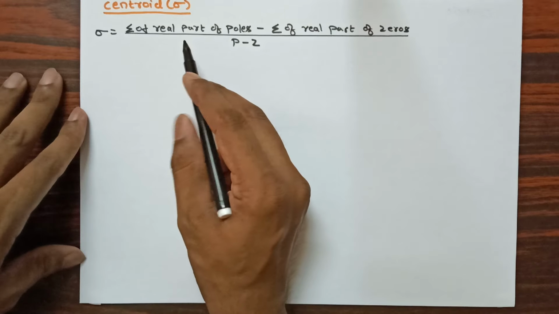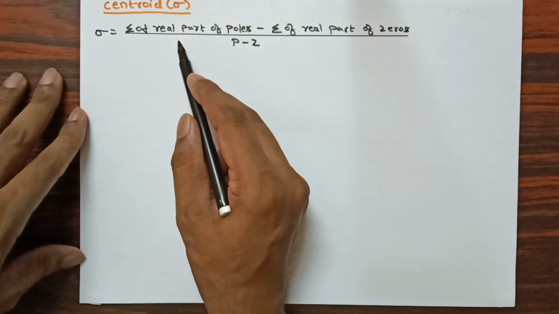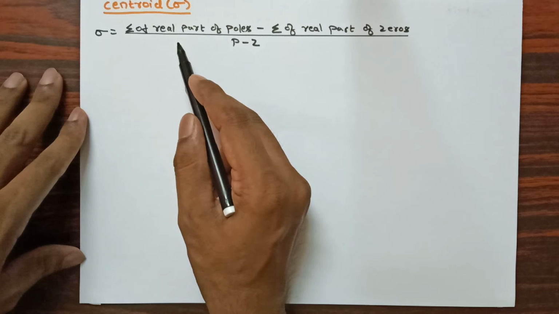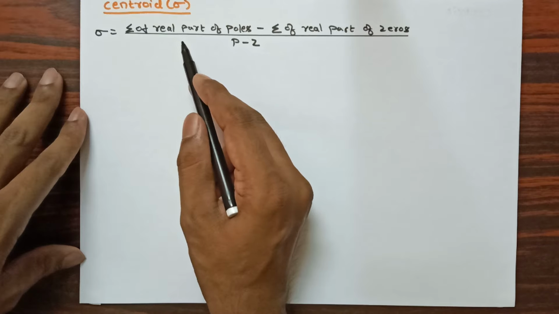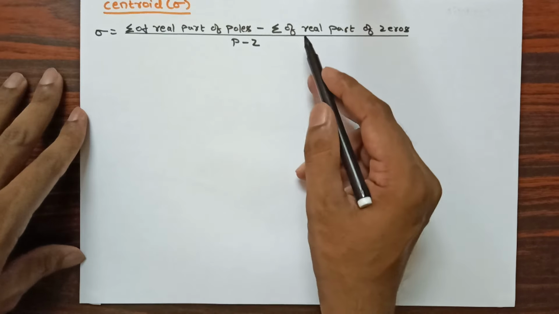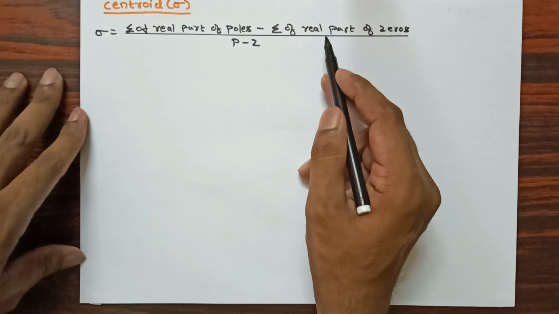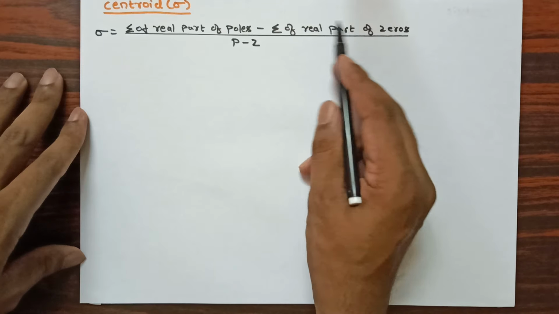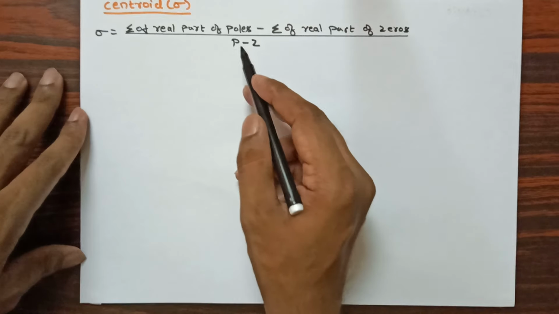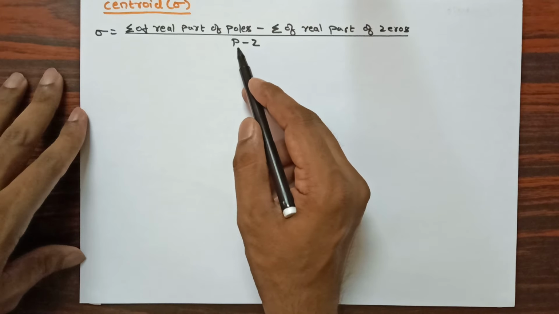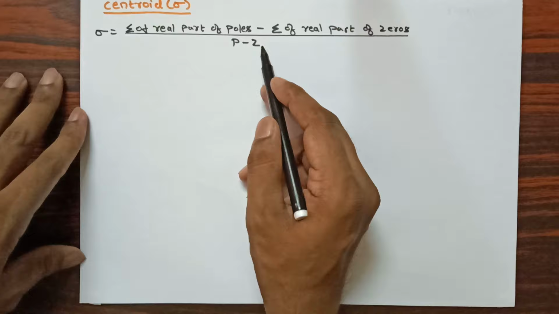Now in this problem, the real parts of poles are 0, minus 0.5, minus 1, minus 1.5. In this problem, the number of zeros is nil, therefore this part we are going to consider 0, and in the denominator the number of poles is 4 minus the number of zeros, which is 0.